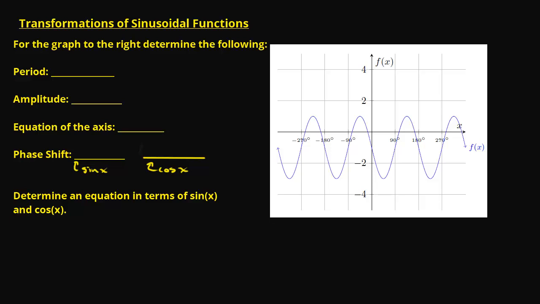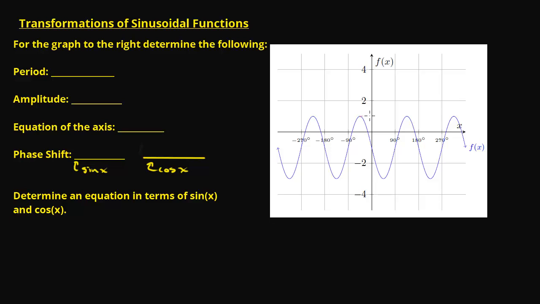So the first thing that we have to do is determine the period. Remember that the period is the horizontal distance that it takes to complete one full cycle. Because each grid space is scaled by 90 degrees, we have at least a 90-degree period. But then we have to think about this. It looks like each of these would be half of 90 degrees, which is 45 degrees.